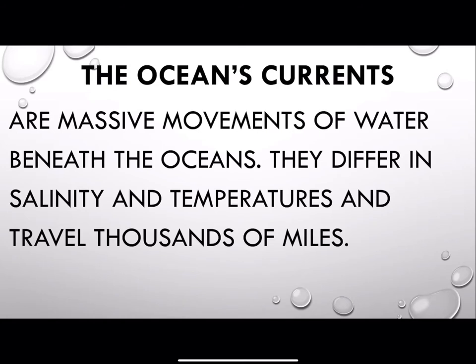Some of these currents move a lot of water, and obviously it takes time to move the water all the way around the circuit that they follow. But they are massive movements of water beneath the oceans.